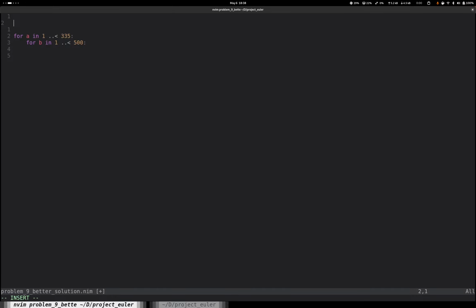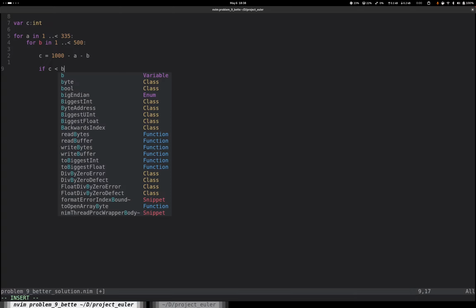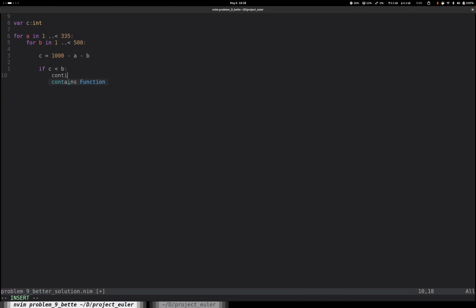We should probably do var c int, because we need a placeholder for C, and C can't be anything other than 1,000 minus A minus B, and there's still a possibility that in this iteration, C might be less than B. Continue. If C is less than B, then don't bother with this iteration.